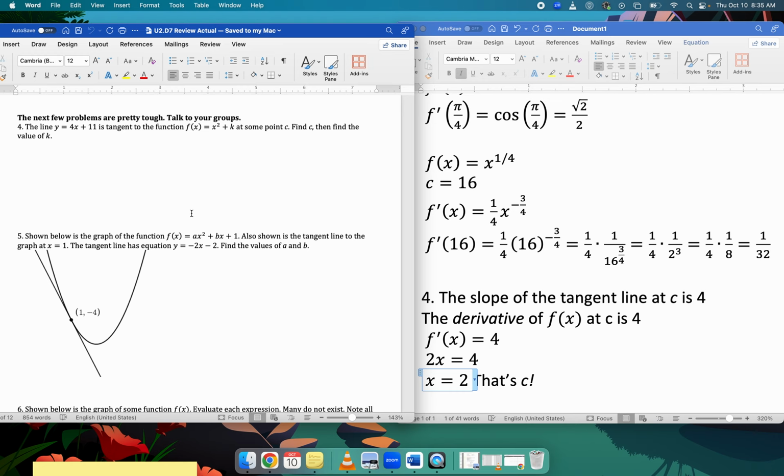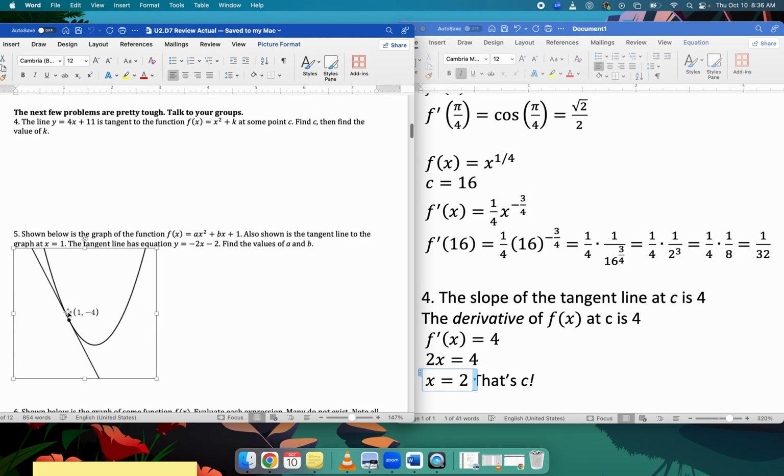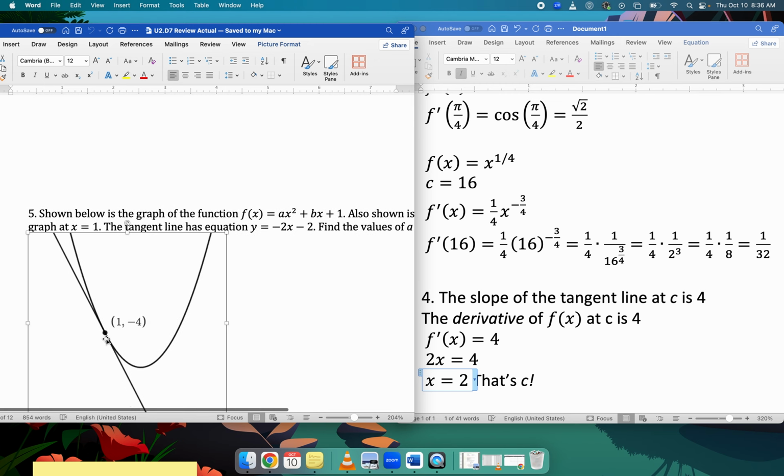If you think about the graph of the function and the tangent line, for example, if you look at the picture in number 5, of course it's a different problem, different function, but it doesn't matter. The picture serves the purpose that I'm trying to argue for here. This point is on both the tangent line and the curve.